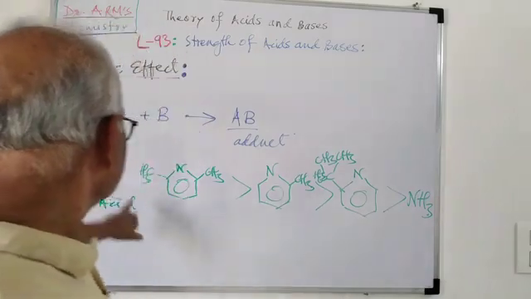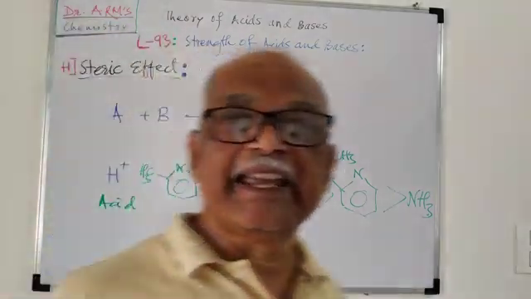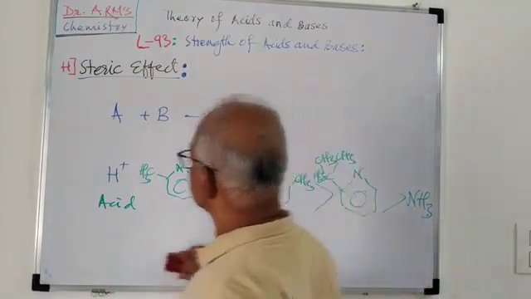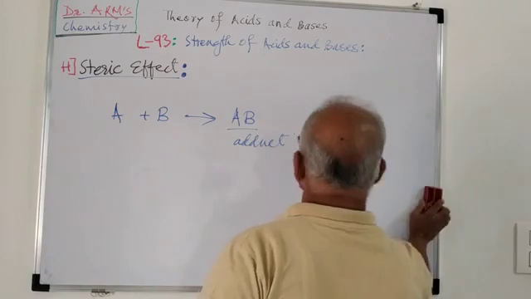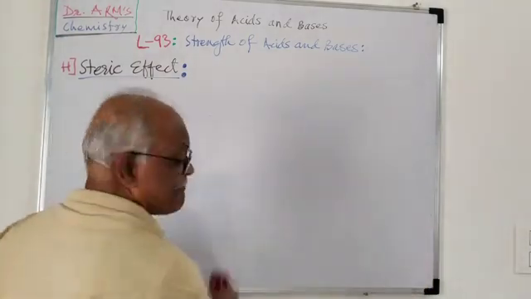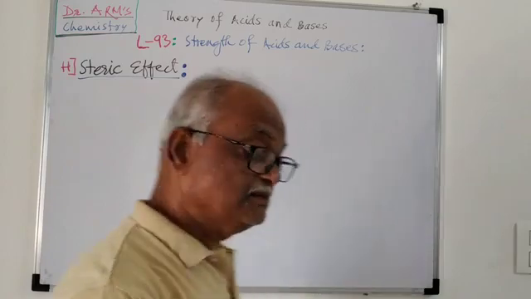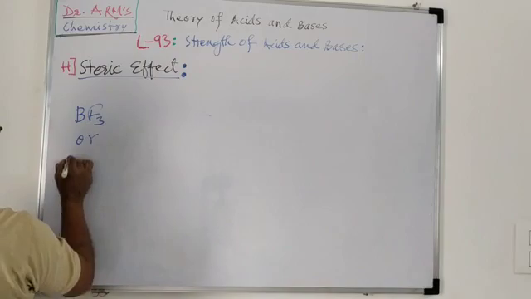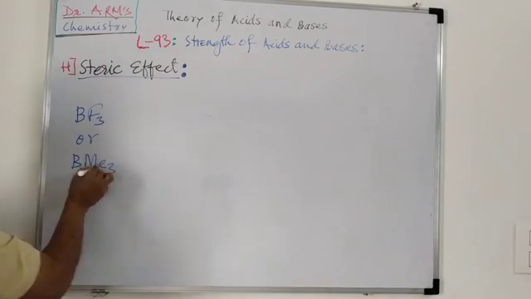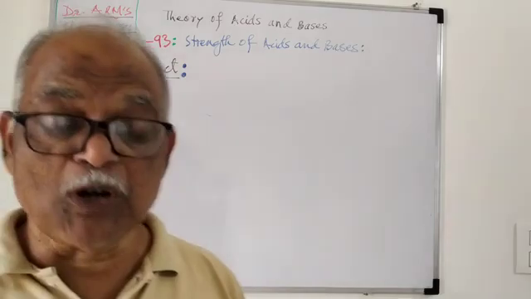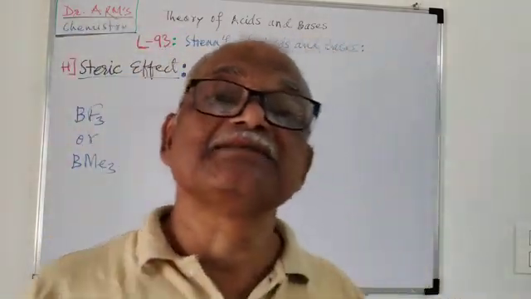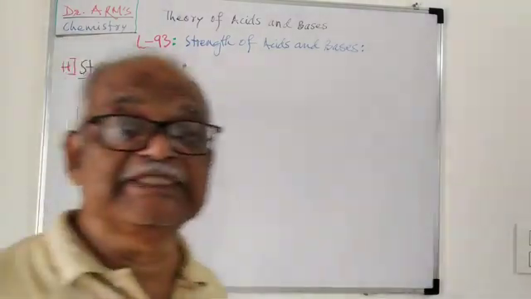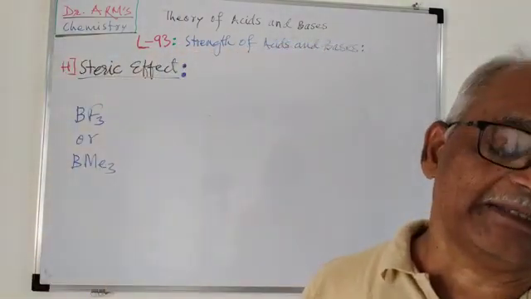So this is when the acid is smaller, like H plus. But when we take an acid that is larger, like we can consider BF3 or BMe3, trimethylboron, then the order is reversed, because these molecules are larger than the hydrogen ion, that is H plus.